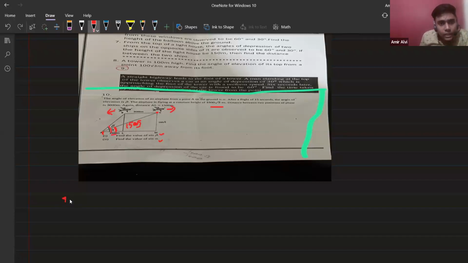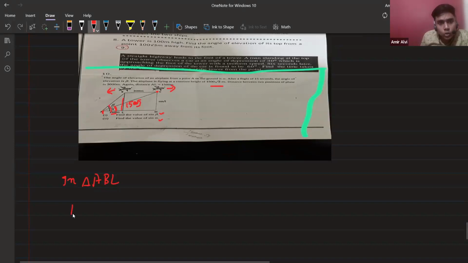So in triangle ABL, I'm taking tan first. Tan beta equals BL upon AL, opposite by base, yes or no? Yes, sir. Very good.